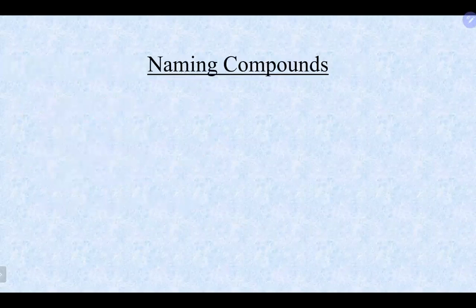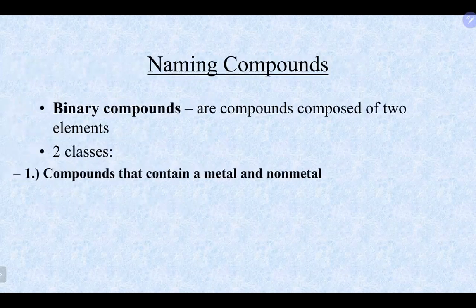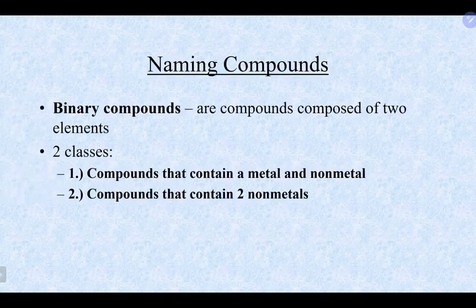Now, when we talk about naming compounds, there are really two types of compounds, and it revolves around what we talked about in terms of bonding. The first type is ionic compounds, which is what we're going to focus on in this lecture. Ionic compounds are always between a metal and a non-metal.